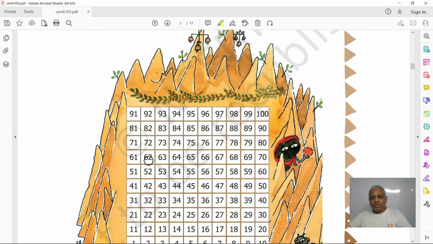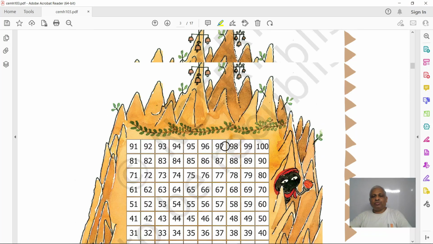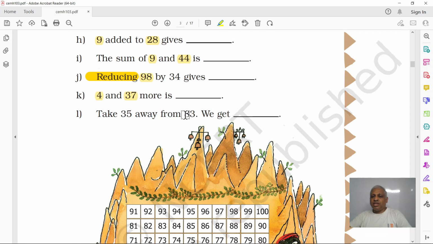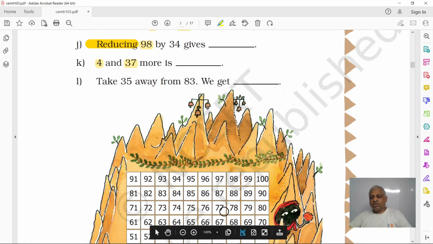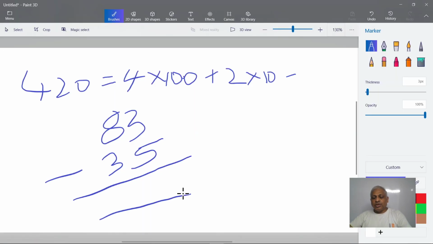You can use this grid also, okay, to remove. But the easiest way, every time you may not have this grid or you may need to draw, it takes some time. So the easiest way is, we can do it without pen and paper, and first do it with pen and paper, and you can practice without the same. Okay, 83 minus 35.